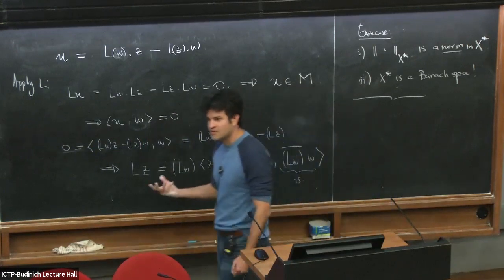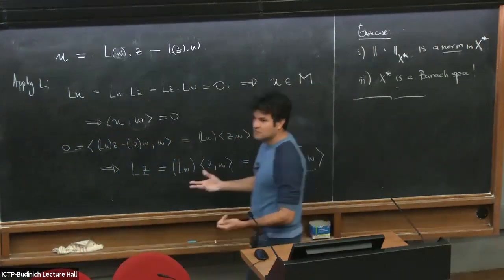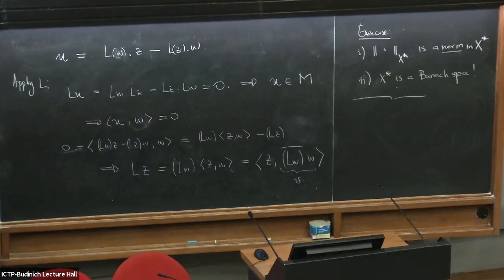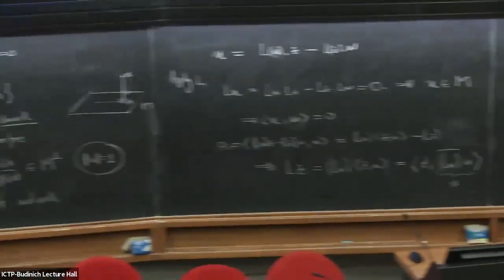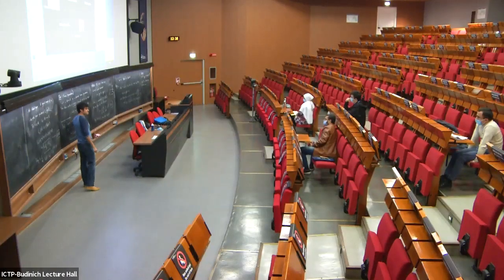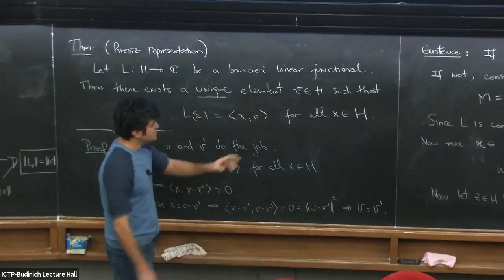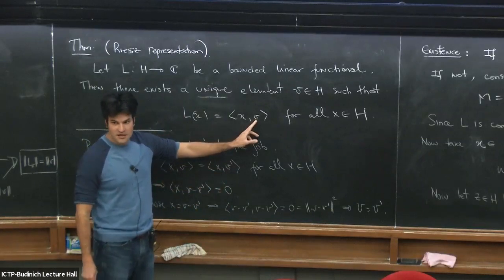Okay, you have found a vector V such that L of Z is Z scalar V for any vector in your space. In this case, you actually have an isometry. We have seen that the norm of L is equal to the norm of this vector V. So this is an isometry, and it's linear.